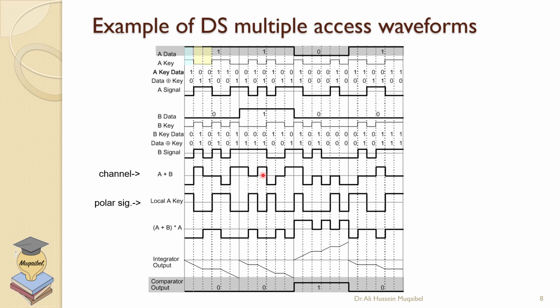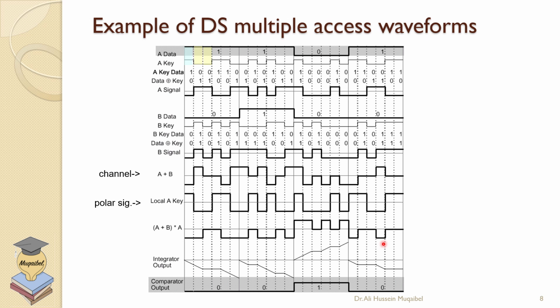Now if you look at the equivalent local key, we're using the key with polarity. So now we're going to multiply A plus B, the channel signal, with the key itself, and you get the following sequence.